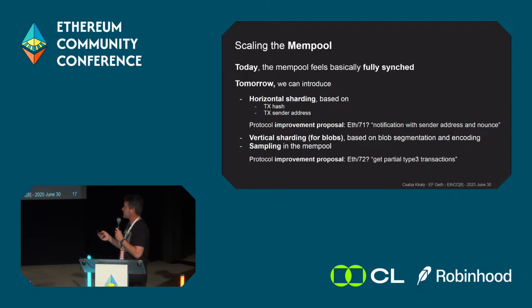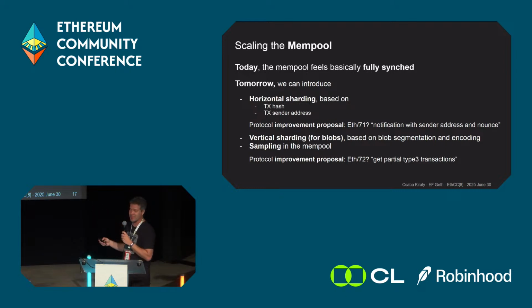And then we can do something like vertical sharding. Vertical sharding means, and this is specifically for the blobs, that they are already segmented because they are already erasure coded in the mempool, and they are already having KZG proofs on each of these segments. So we can just send individual segments. And then we can do even sampling in the mempool if we do this. So there are two kinds of protocol improvement proposals there.